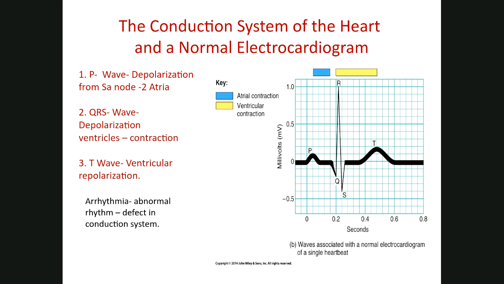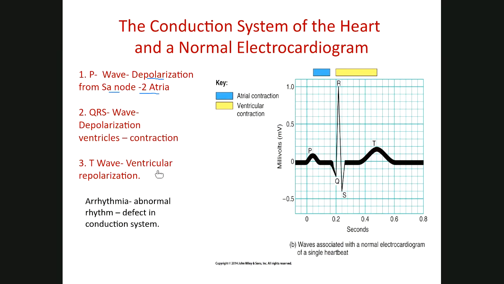This initial wave is called the P wave. And what does that correlate with? It's the depolarization from the SA node to the two atria. Then this QRS here indicates the wave of depolarization as both ventricles contract. The T wave indicates ventricular repolarization.